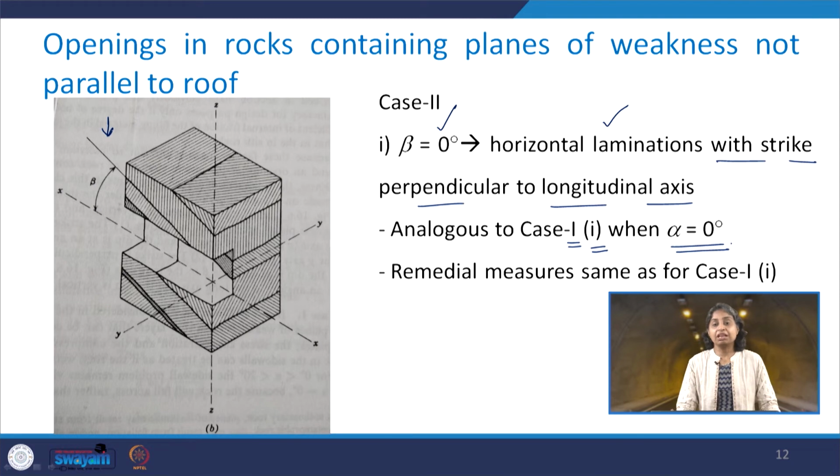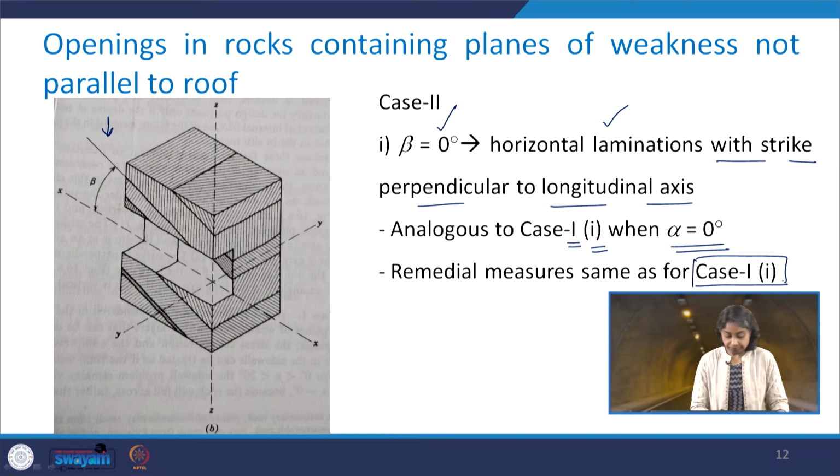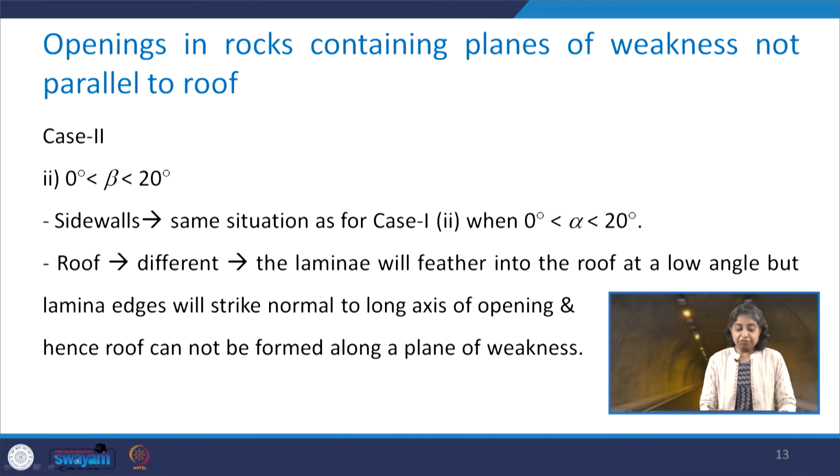Therefore, we can go for the remedial measures as we discussed for case 1 part 1. But then if beta is varying between 0 and 20 degrees.